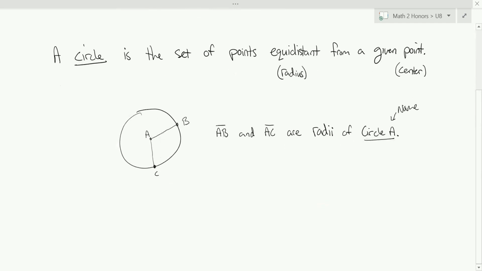So when we're looking at these angles that form, this angle right here is what we call a central angle. A central angle is an angle with a vertex at the center of the circle.